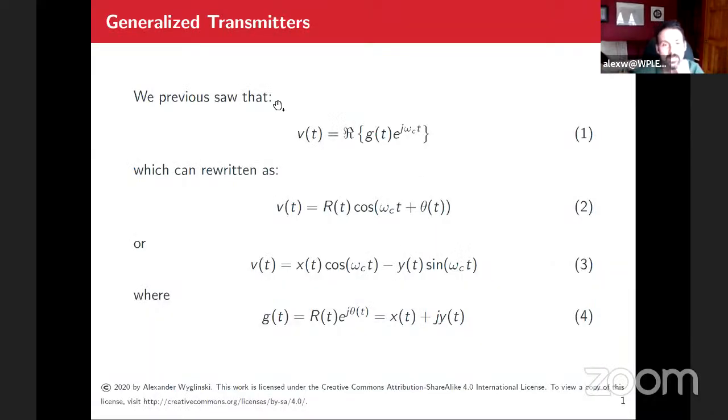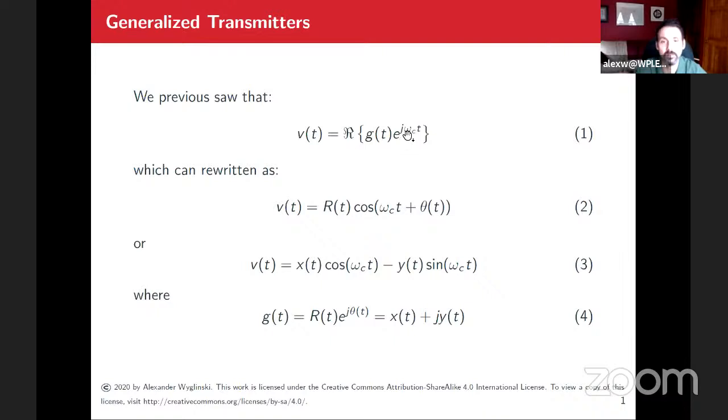So what we saw last time, in the first lecture when we talked about passband communications, is that equation 1 represents a modulated signal at passband. It consists of this g of t, a mapping to a baseband representation, which could be complex too, from a message signal m of t, which could be analog or digital.